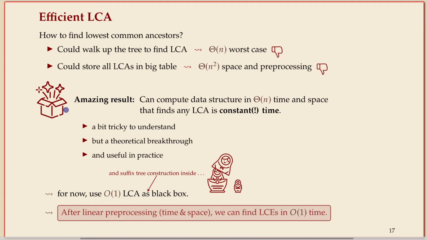We'll crack this black box open too, but I have to ask for a little more patience in this case. For the moment, let's close the box and just use this as a result. We can find lowest common ancestors in constant time after spending some pre-processing on the suffix tree. And it builds on the suffix tree, so that will be hidden inside.